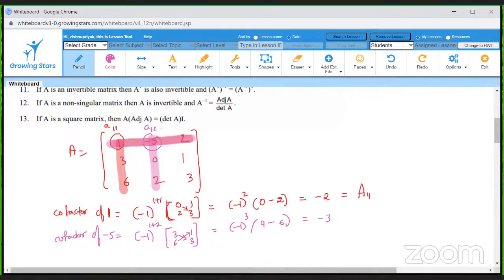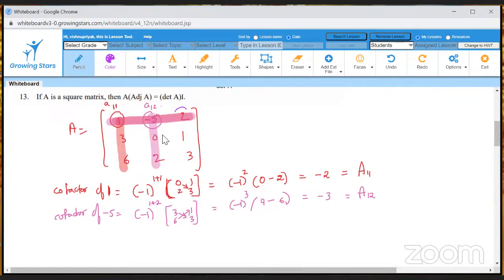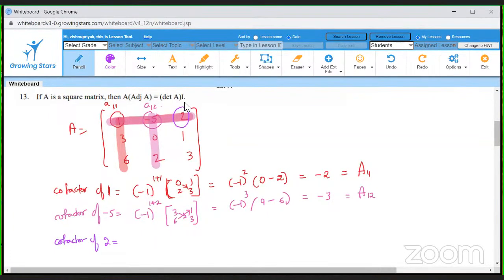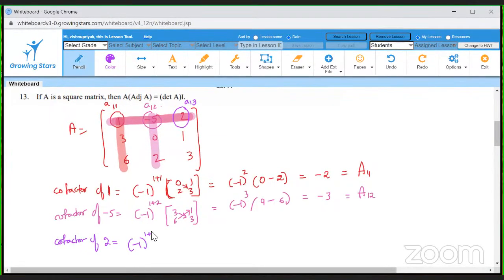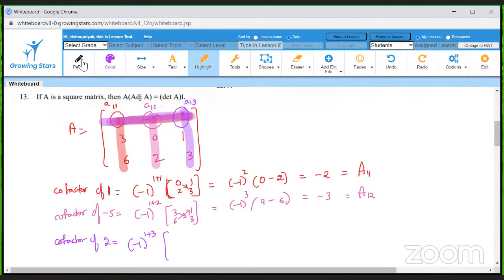Next, for 2 we will find the cofactor. The position is A13, first row, third column. So minus 1 power 1 plus 3. When you remove the first row and the third column, the numbers left are 3, 0, 6, 2.